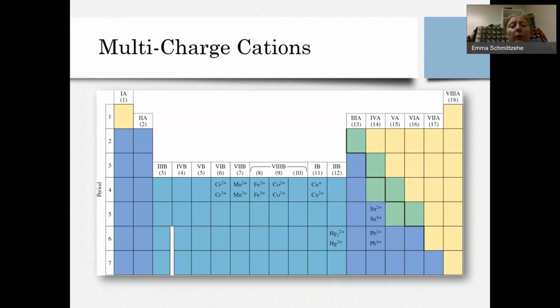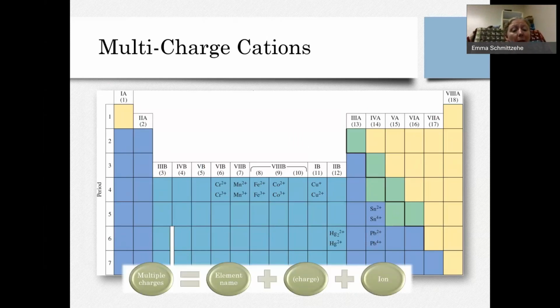So with this, the systematic, when you have multiple charges, is you name the element, you put the charge in Roman numerals in parentheses, and then you add the word ion. Okay, and so that's for any metal that forms multiple cations.